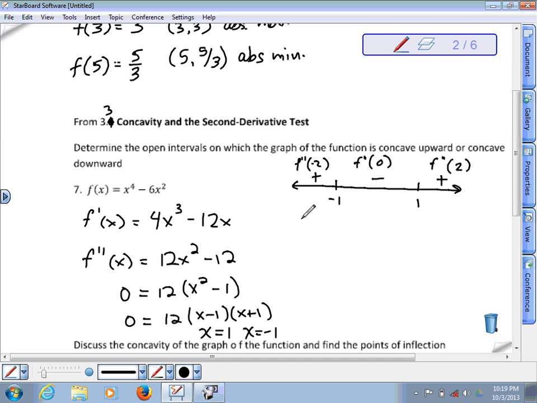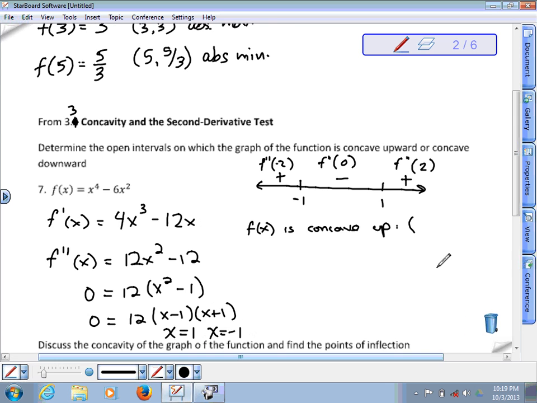So f of x is concave up on the interval -infinity to -1, and there's also another interval here, union 1 to infinity. And f of x is concave down on the interval -1 to 1.